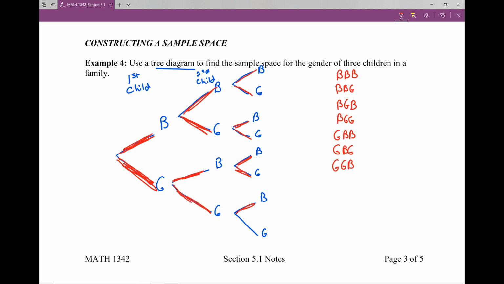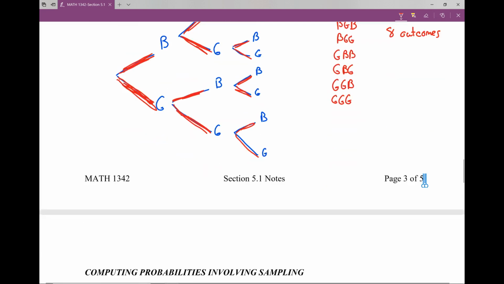Or I could have 3 girls. So I actually have 8 outcomes in this sample space. And these are the different possible outcomes for that sample space. So this is just using a tree diagram to find the possible outcomes.